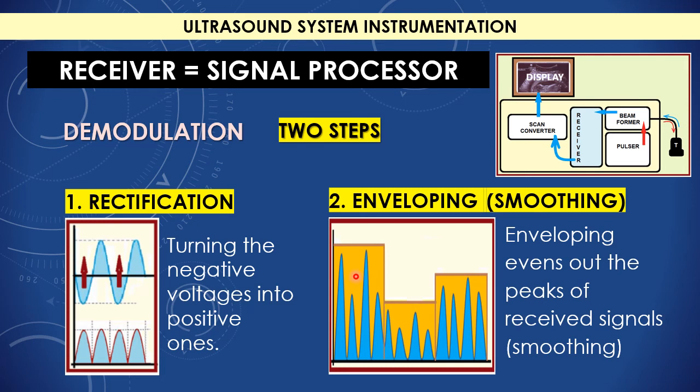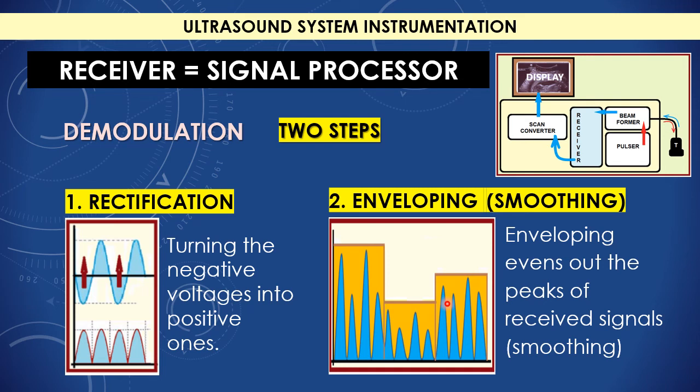That's why we need to make them smoother. We need to envelope. So what is enveloping? It is putting an envelope over these sharp peaks to blunt them a little bit. So enveloping or smoothing is evening out these peaks, okay?